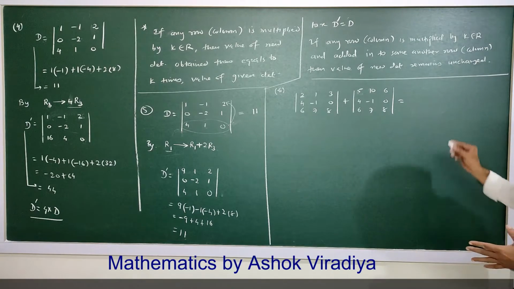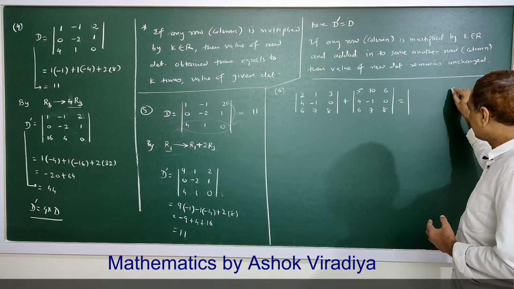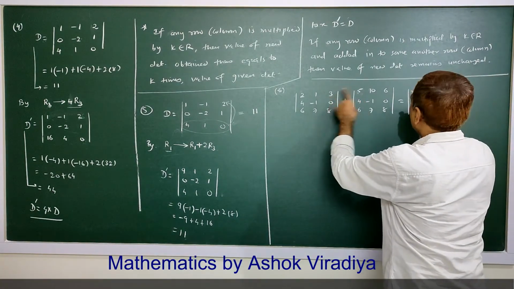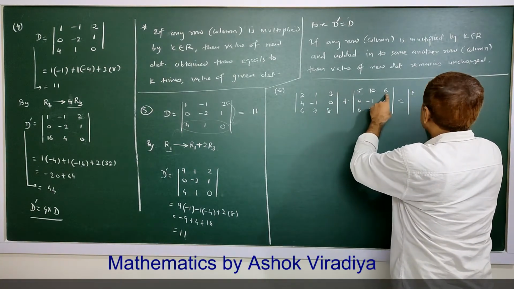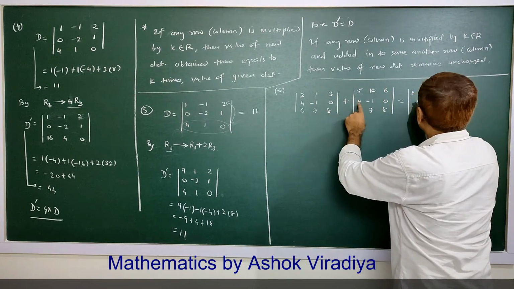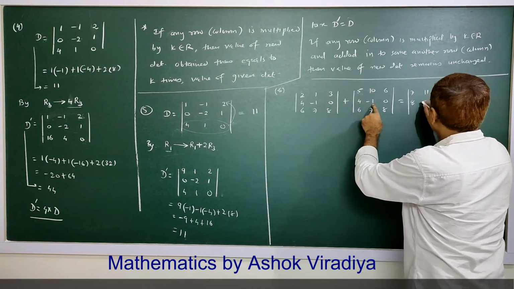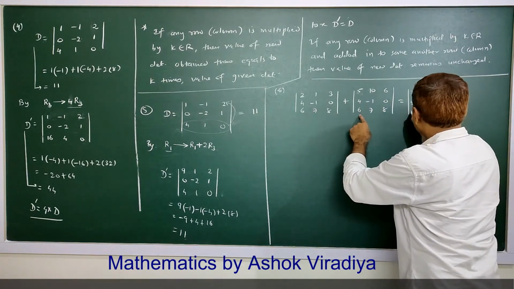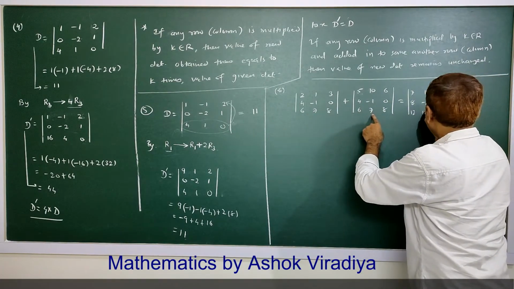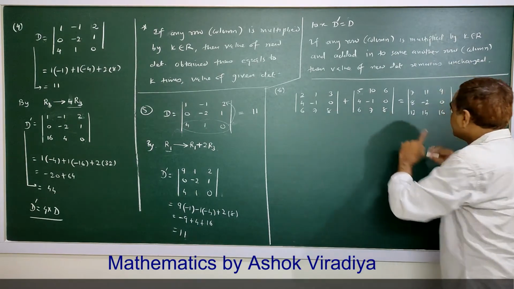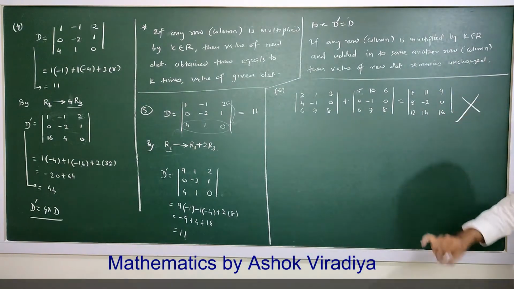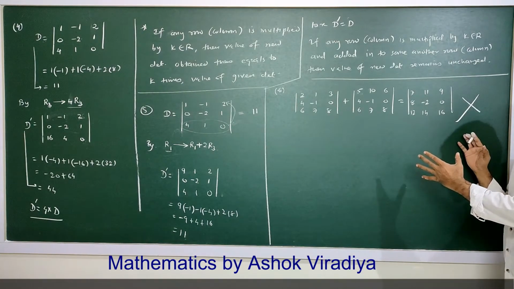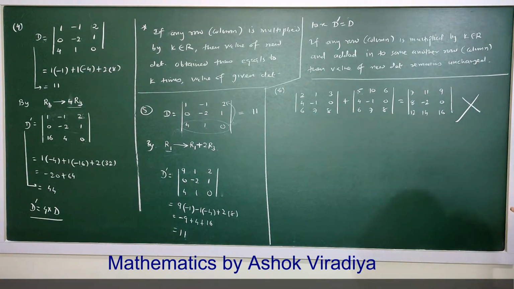Now if I add corner to corner: 2 plus 5 is 7, 1 plus 10 is 11, 3 plus 6 is 9, 4 plus 4 is 8, minus 1 minus 1 is minus 2, 0 plus 0 is 0, 6 plus 6 is 12, 7 plus 7 is 14, 8 plus 8 is 16, then this is not correct. This is not valid. We can't add corner to corner.